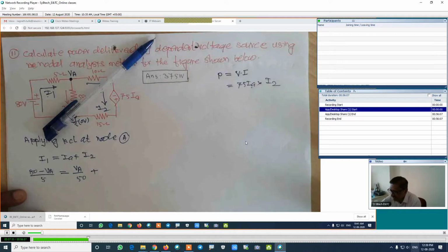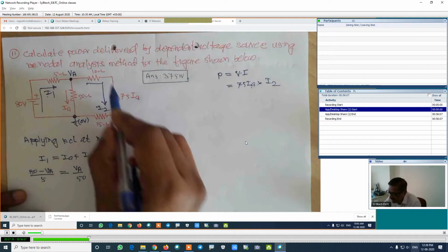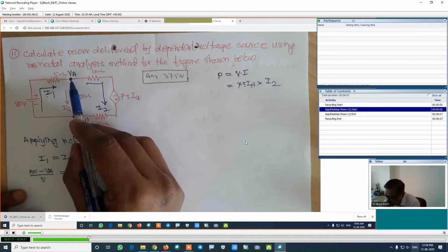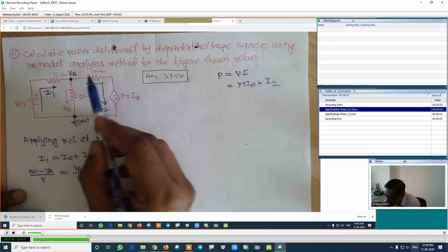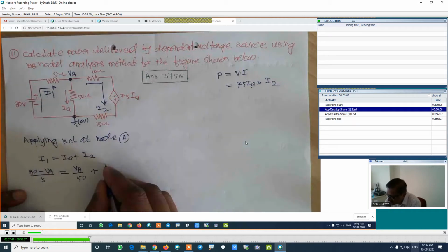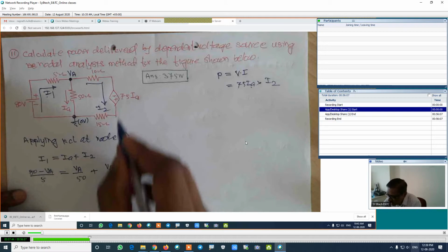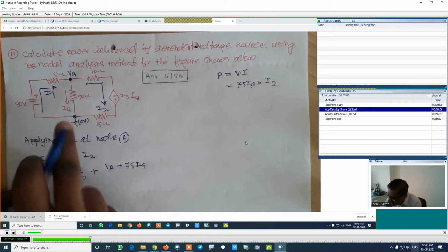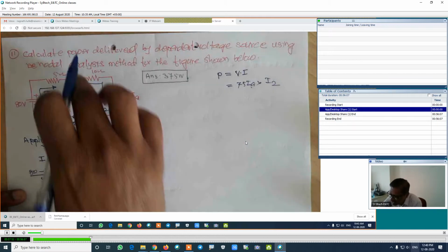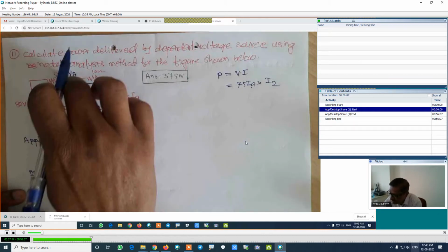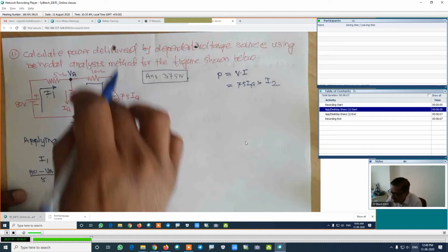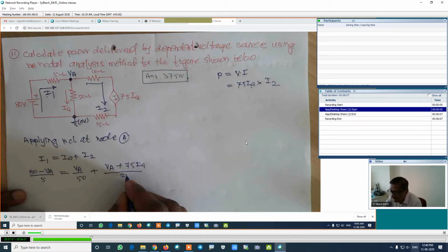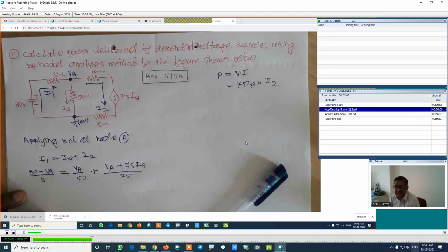To find the current I2, we start from here. This is VA, going from negative to positive across the dependent source, so it is VA plus 75 into IA, minus this potential, which is 0, divided by the resistance of the complete branch, which is 10 plus 15, that is 25. Are you getting me? If anyone has a difficulty, please raise your hand and I will clarify your doubt.